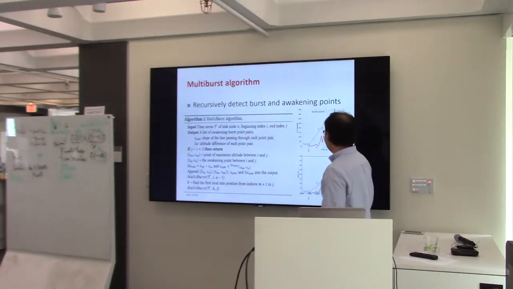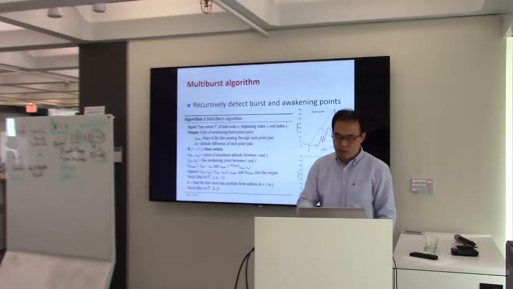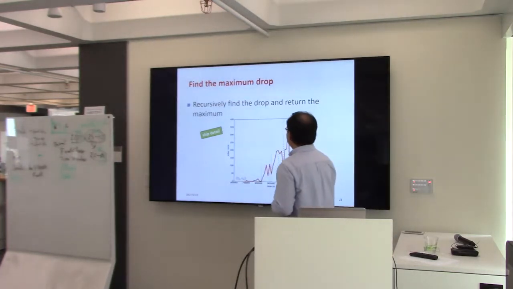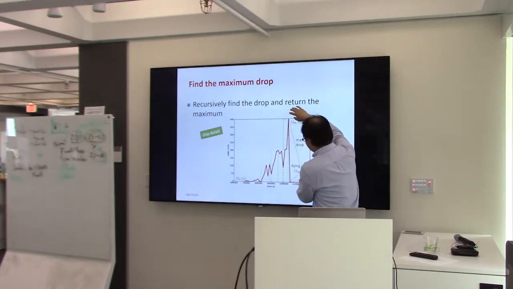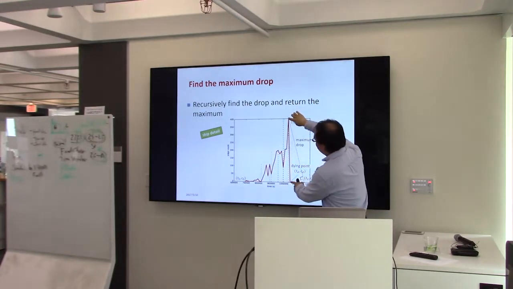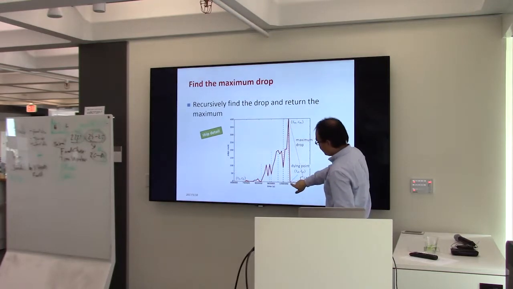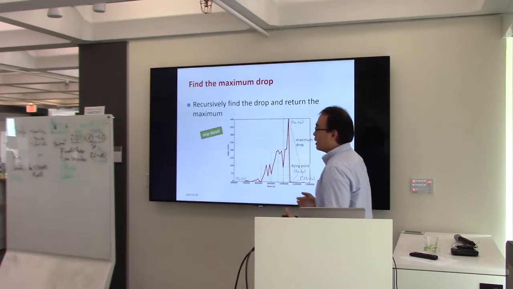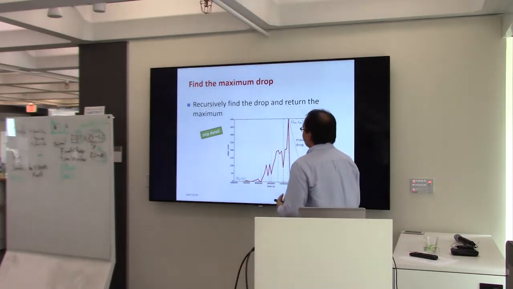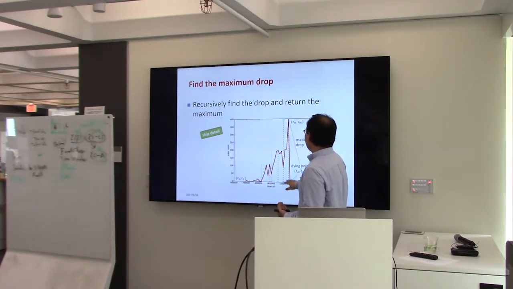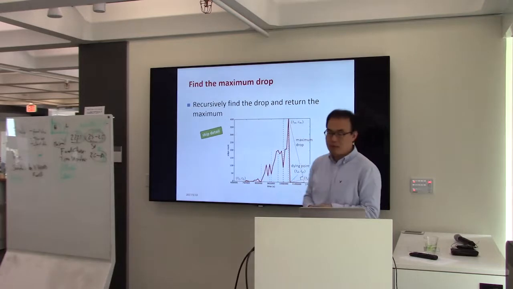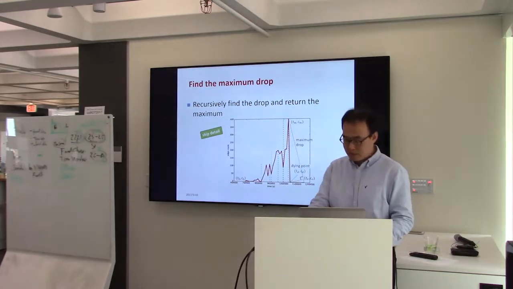Finally, we find all the bursting points and waking points. In the same way, we can also find the dropping point, the diving point, from the bursting point to the diving point. Recursively, we find the drop with the maximal distance, and we only return the maximal drop in the recursive way.